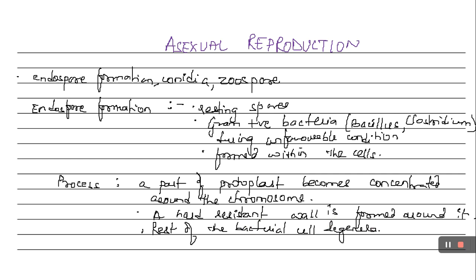Only that part around which the hard resistant wall is formed is living, and that is forming the endospore. Since the wall is very resistant, the endospore is very resistant to extreme physical conditions.